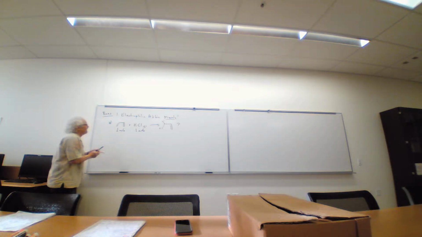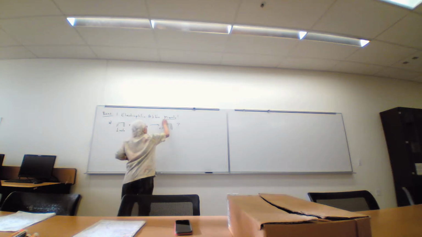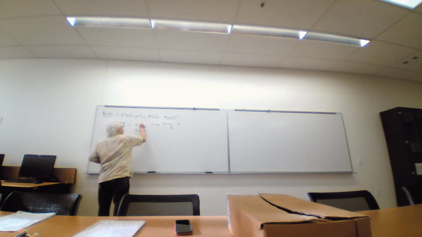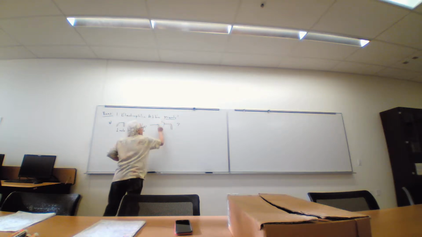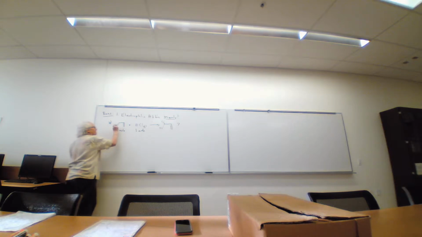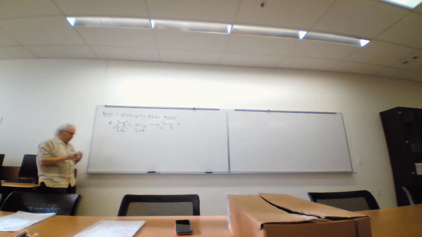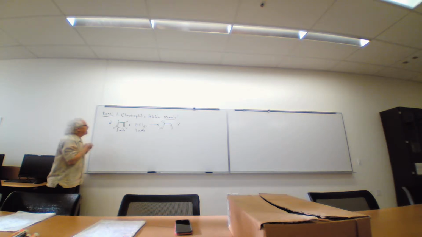Okay? And I'm going to color here so we can follow what's going on. Because I know there's 2 hydrogens here already, and 2 over here, and 1 there. Keeping track. Okay, what's the mechanism say?